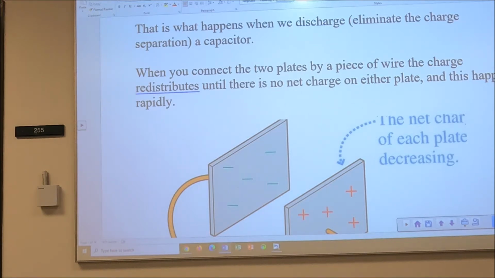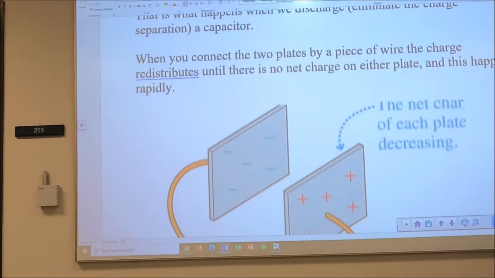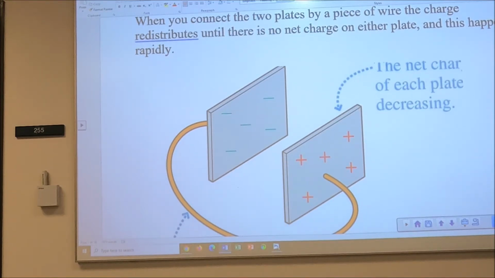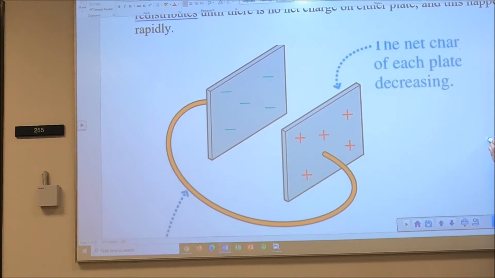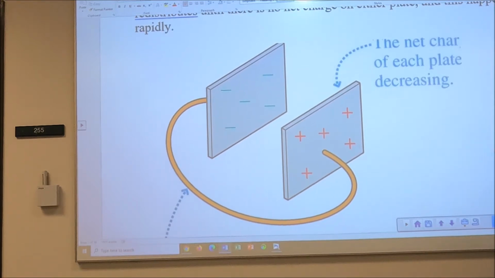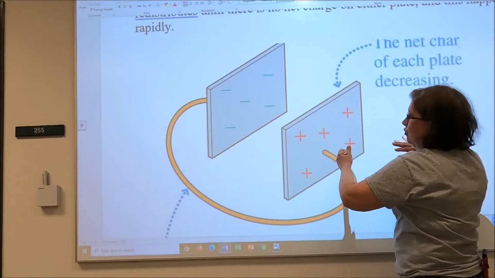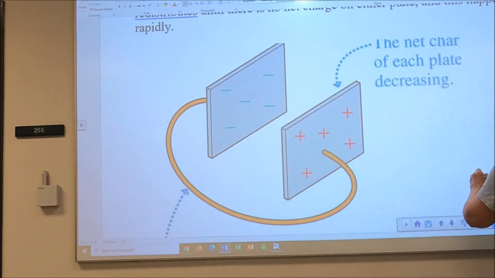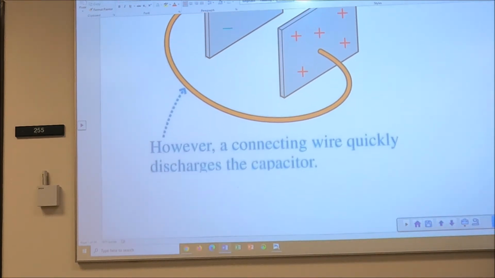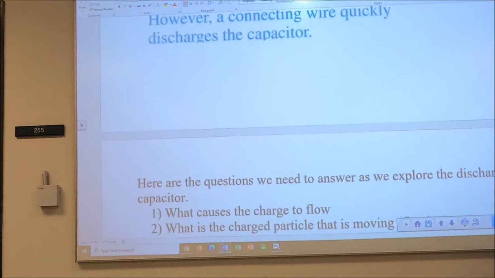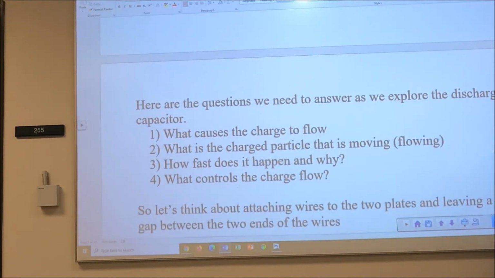When you connect the two plates of a parallel plate capacitor by a piece of wire, the charge is redistributed, so that there will end up being no net charge on the capacitor. So I connect it with the wire. We're going to get essentially negative to flow toward the positive until we get no net charge on either side. And this happens very, very quickly, okay?